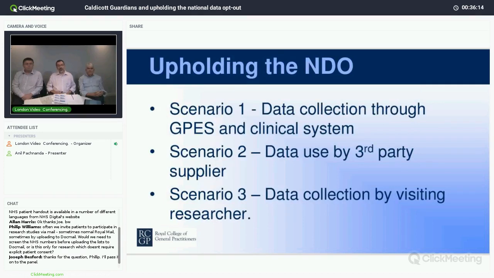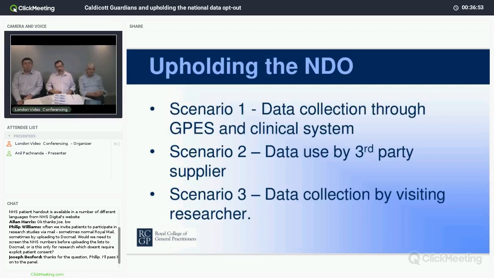So I'm now just going to go through 3 different business processes where the National Data Opt-out is being applied in practices. The first one is where the data is being gathered through the General Practice Extraction Service, GPES, which is operated through the GP clinical system.